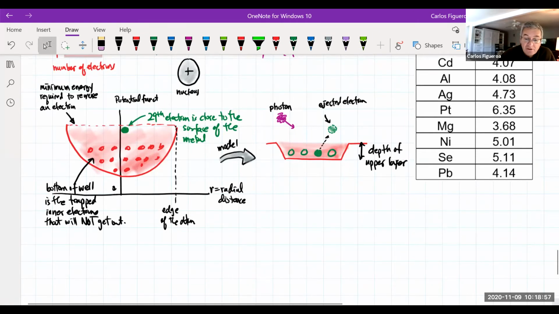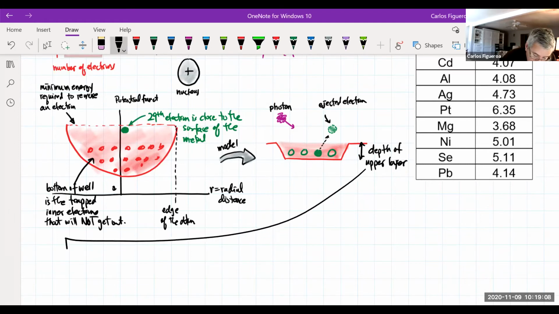But the question is, we're still dealing with the metal now. So let's go deal with the metal. And one of the things that we say here is, I want to focus on the depth now. So if I look at this right here, what you're seeing is that the depth is the electric potential. But what do I call the electric potential function?